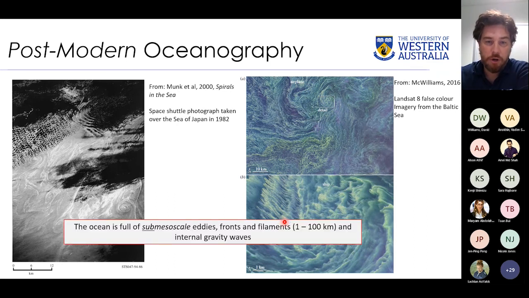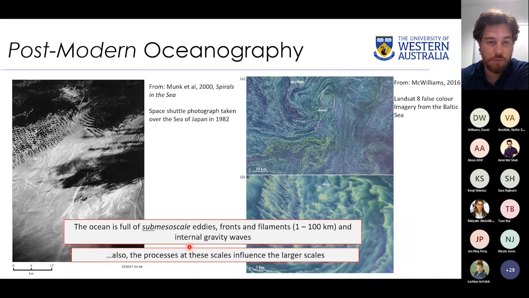So the postmodern view is that the ocean is also full of these submesoscale eddies, fronts and filaments, and internal gravity waves, which were known all along as well. The other thing that has become apparent, and been proven, is that the processes at these finer scales influence the larger scale circulation. So predicting large scale circulation requires some treatment of these finer scale processes.